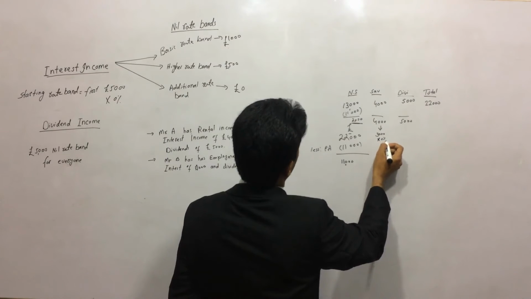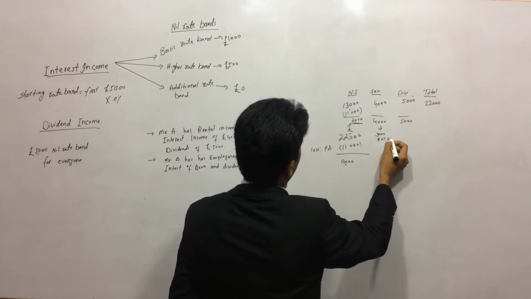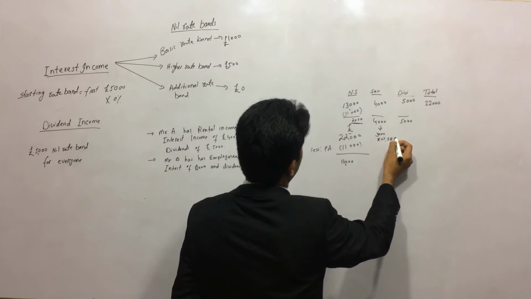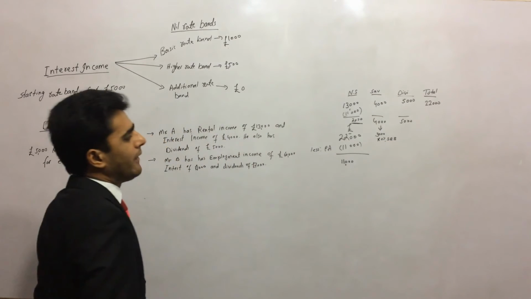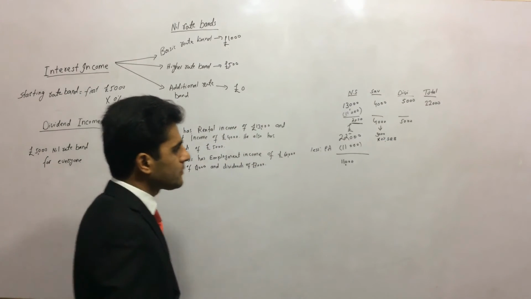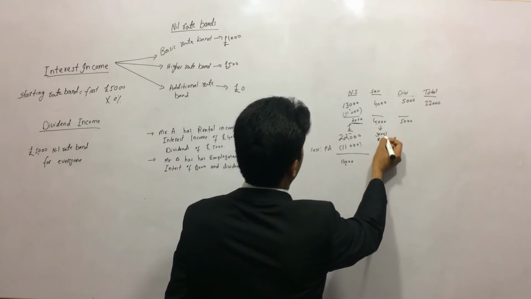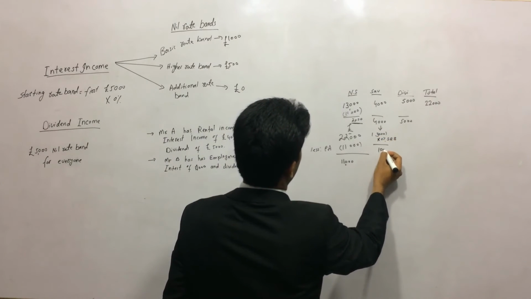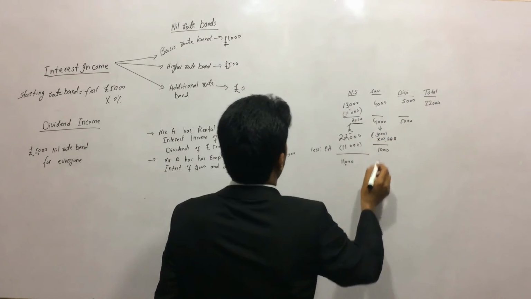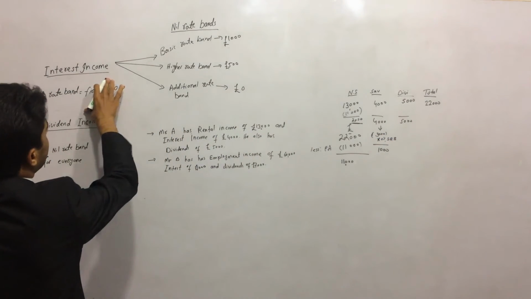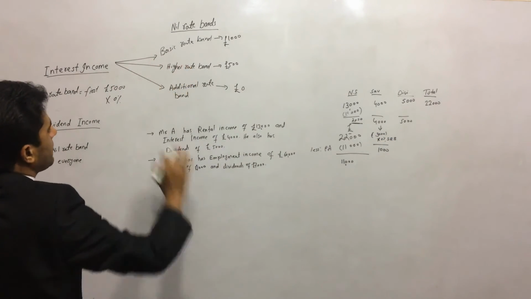Why? Because we will get the starting rate band. I will just write SRB. So that will be the starting rate band at the rate of 0%. Now how much more is left out of that? It is £1,000, isn't it? Additionally he will get a nil rate band as well.